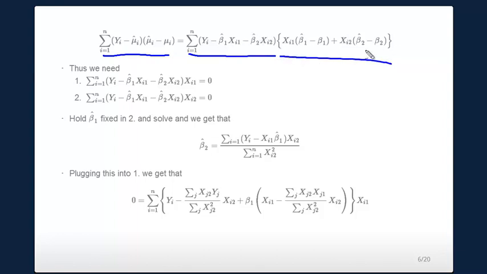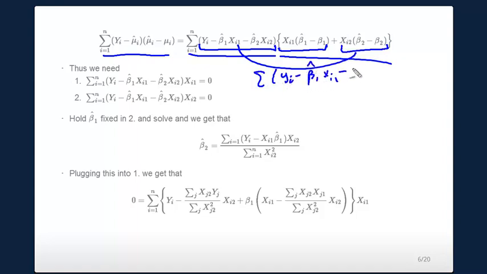But notice we could multiply this times this, and then this times that, and we would get two equations: summation of yi minus beta 1 hat xi1 minus beta 2 hat xi2 times xi1 times beta 1 hat minus beta 1, and then the same thing with a beta 2 hat minus beta 2 and an xi2 out there.